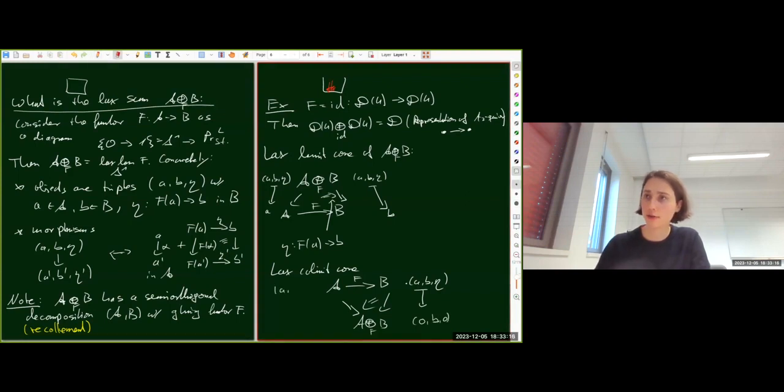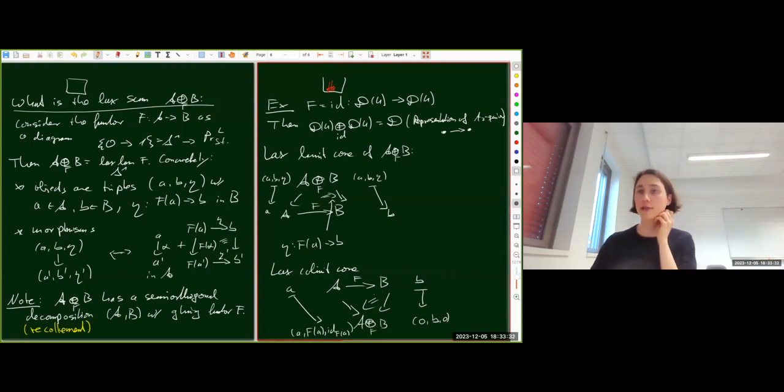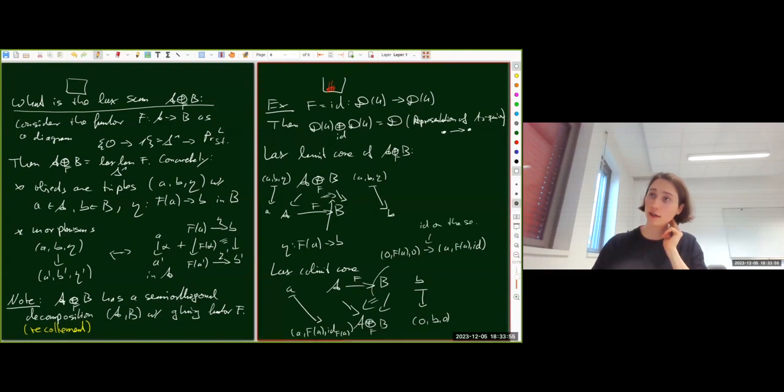And here, sorry, this is just B. And here, A maps to A, F of A, the identity on F of A. And then this natural transformation is just the map from 0, F of A, 0 to A, F of A, identity, which is the identity on the second component of the triples, but otherwise 0. So that would be the Lax colimit cone.